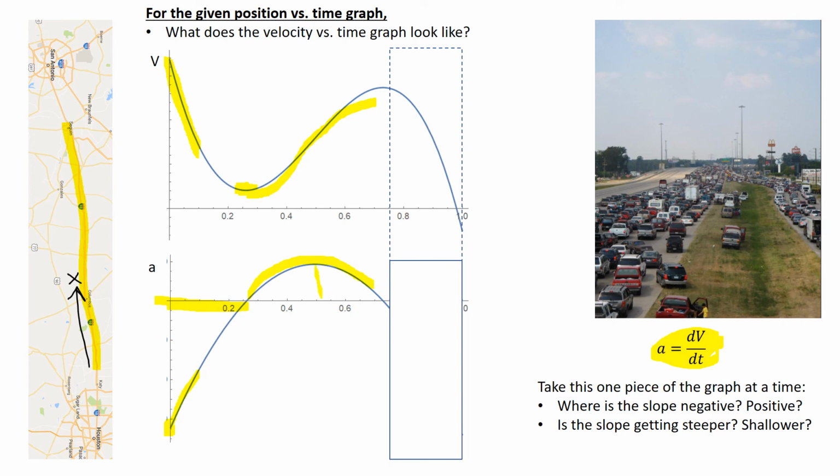This is all positive. And there's an inflection point. It gets steeper, steeper, steeper, and then it's going to start slowing down back to 0. So you can see where those two 0 points happen, where it's crossing that 0 mark. You can see where the slope is positive versus where the slope is negative.